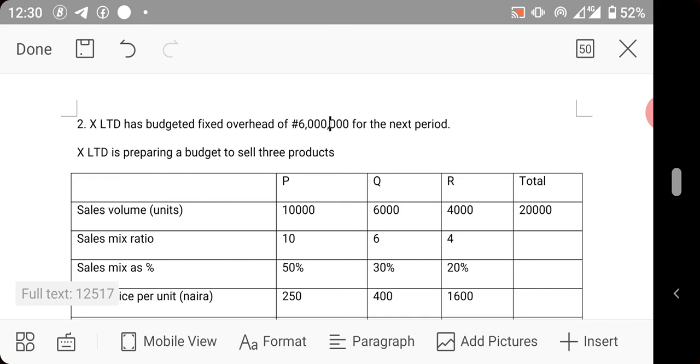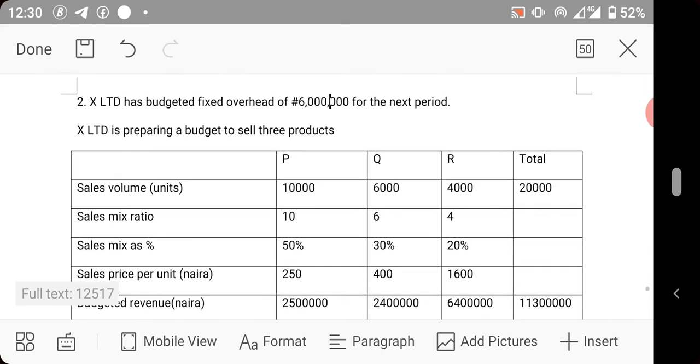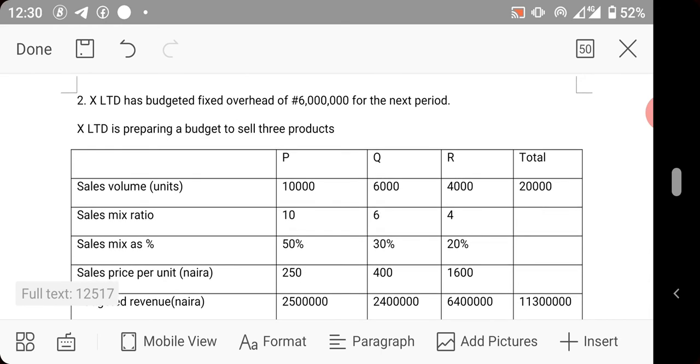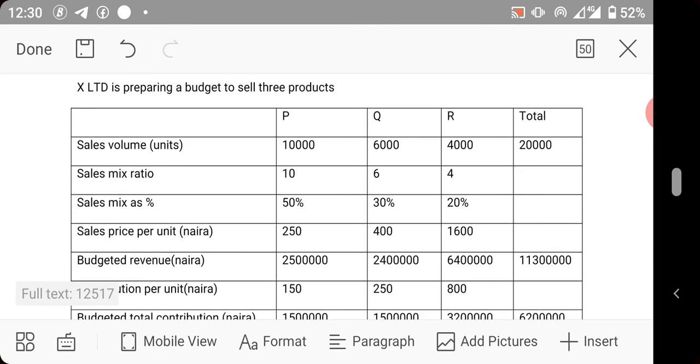The sales mix is 10:6:4. So the mix as percentage is 50%, 30%, 20%. The sales price per unit is 250, 400, 1,600.